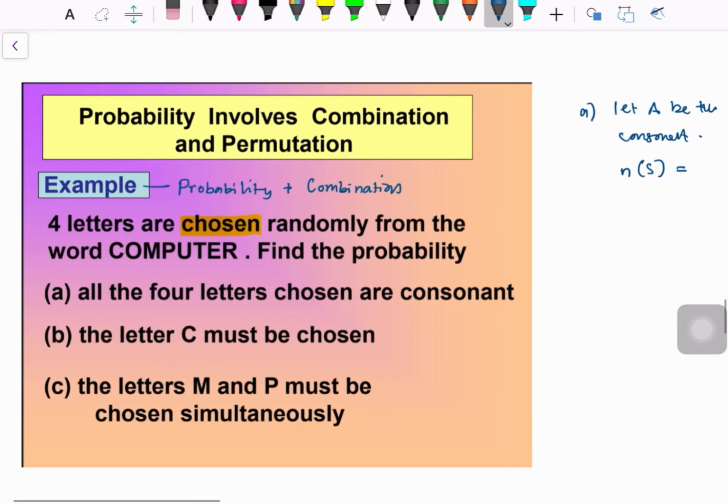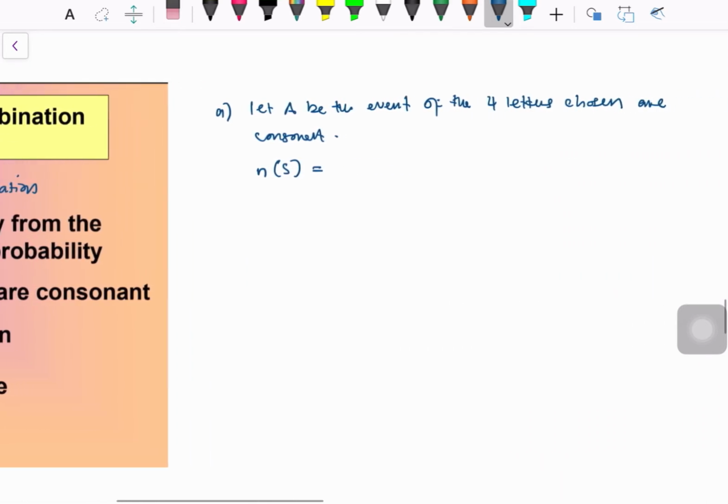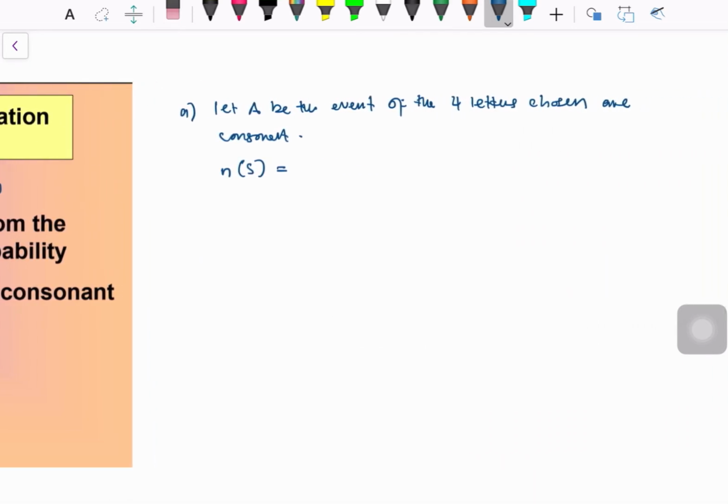Since we are choosing 4 letters from the word COMPUTER, which consists of 8 letters, C-O-M-P-U-T-E-R, we use the combination method: out of 8 letters we choose 4. So we do 8C4, which is equivalent to 70.